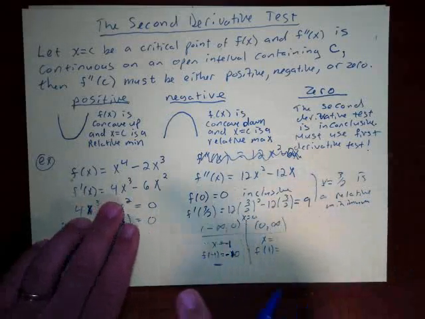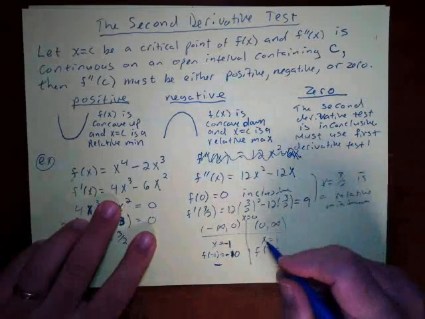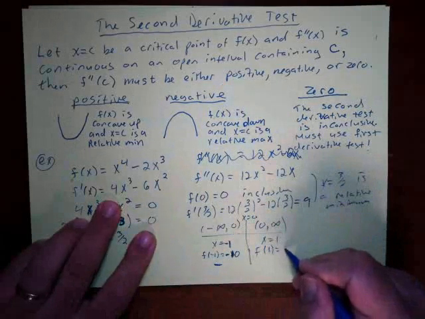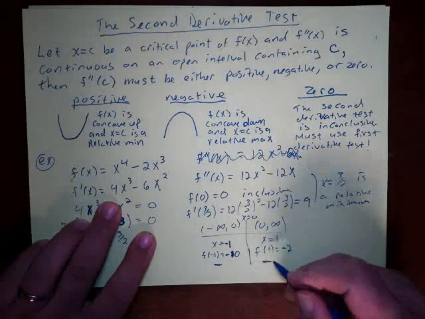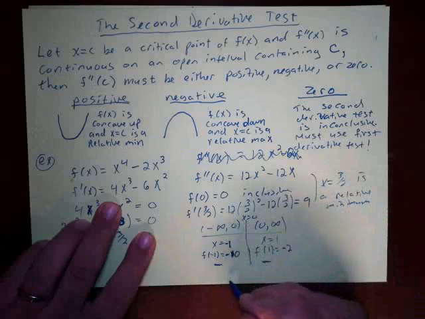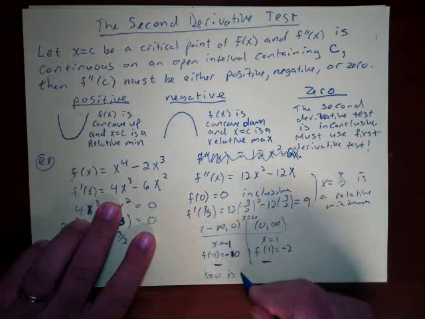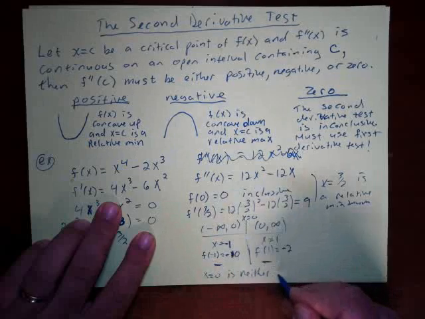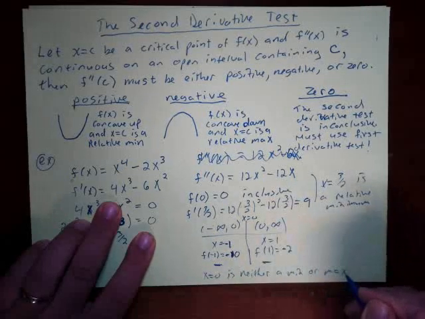And if I put in 1, this would be a positive 4 minus 6, which is again -2. So it's still negative. So what that means is it's neither. X equals 0 is neither a min or a max.